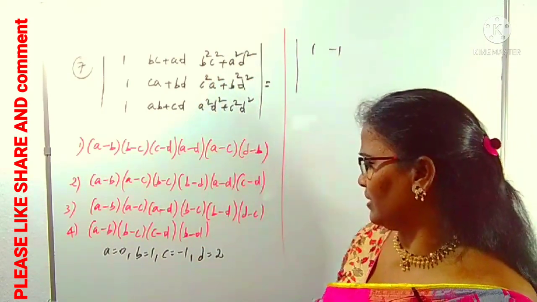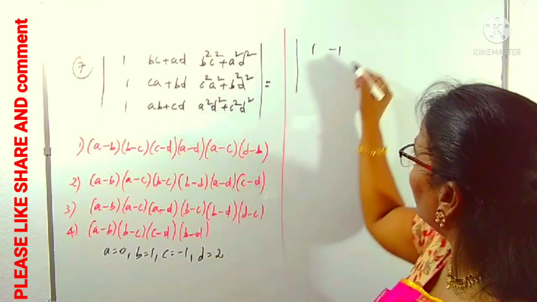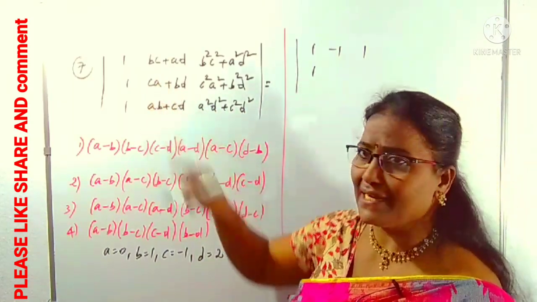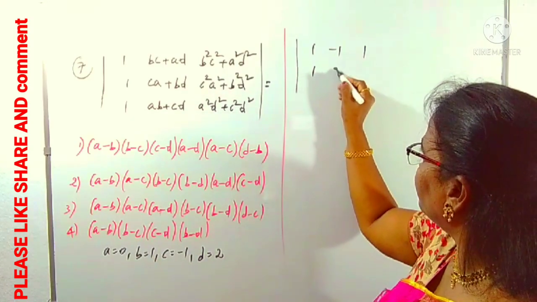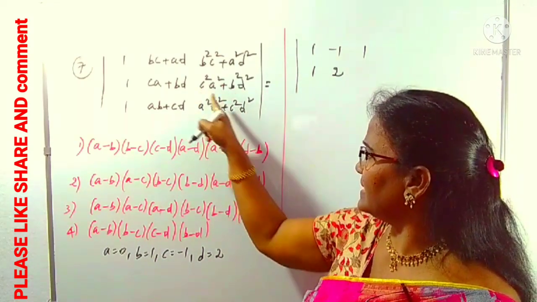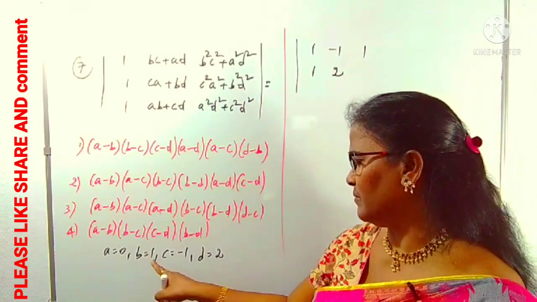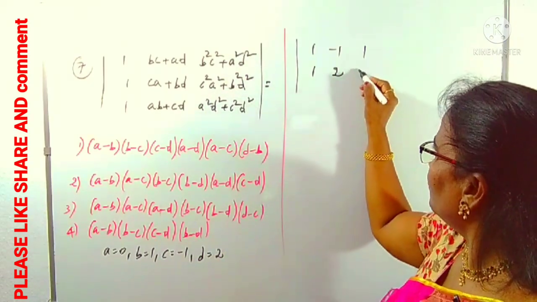B square into C square: B square is 1, C square is also 1, so B square into C square is 1, right? Now next this is 1, A 0 means this is cancelled, BD. B into D means 1 into 2 is 2, right? Next A 0 means this gets cancelled, B square D square. B square D square means 4 we can get. B square is 1, D square is 4.